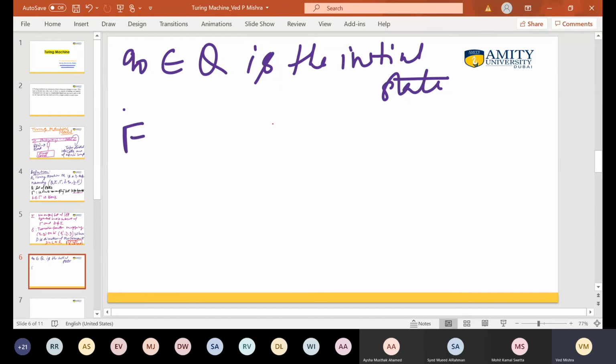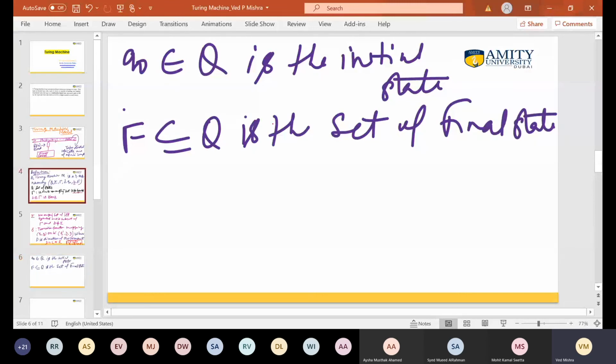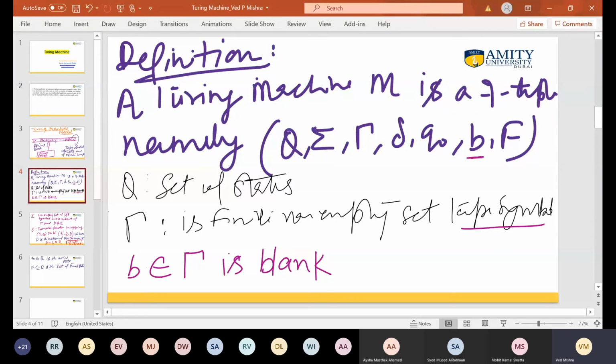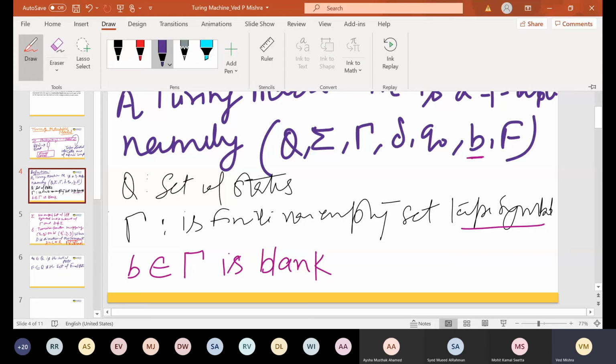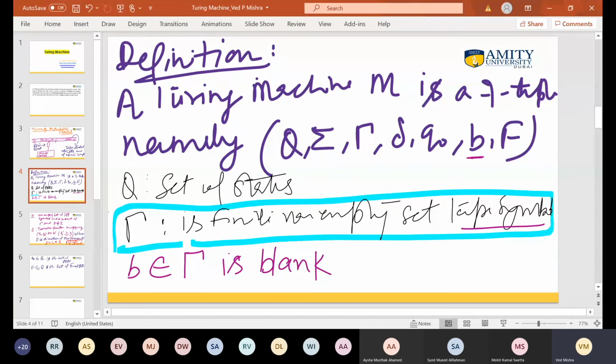And F is a subset of Q, the set of final states. So in the Turing machine, two things you should carefully watch. First is the symbol which we will be using as a tape symbol, then another one is blank.